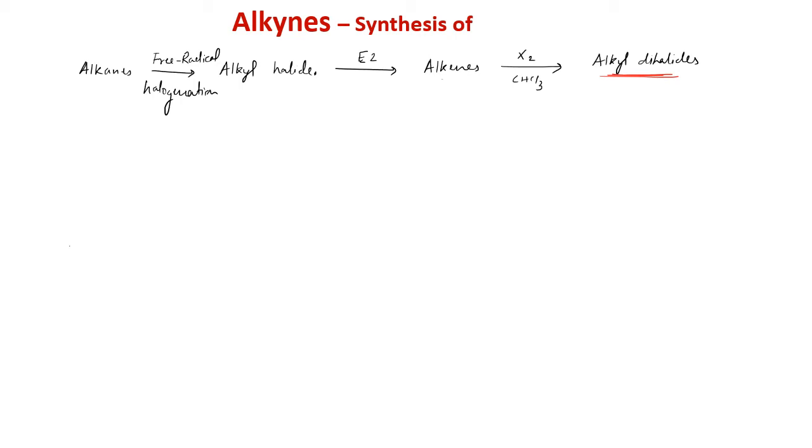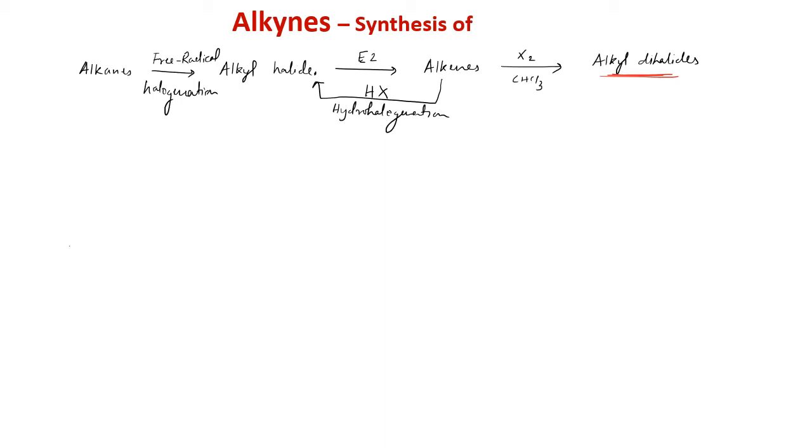Recollect that alkenes can be converted back into alkyl halides by hydrohalogenation, which is the addition of HX. By choosing the Markovnikov or the anti-Markovnikov hydrohalogenation, we can get either the more substituted alkyl halide or the less substituted alkyl halide. So there are possibilities here.